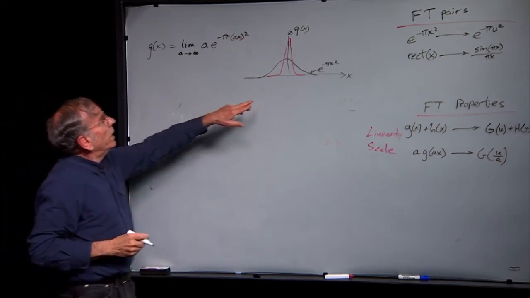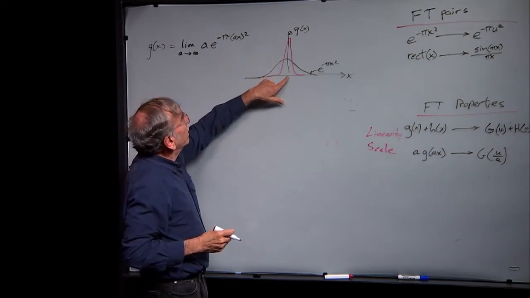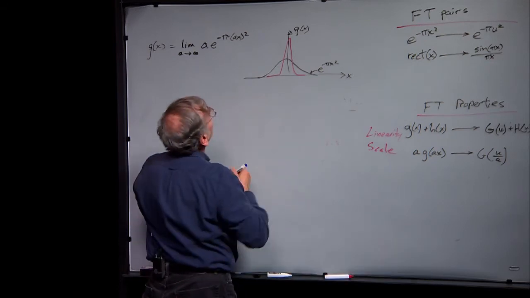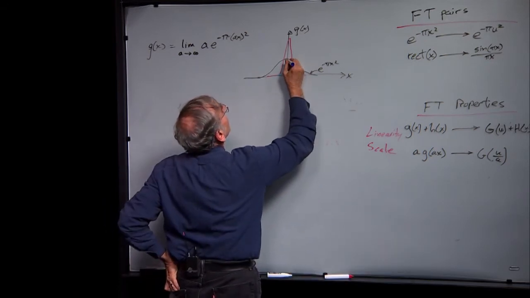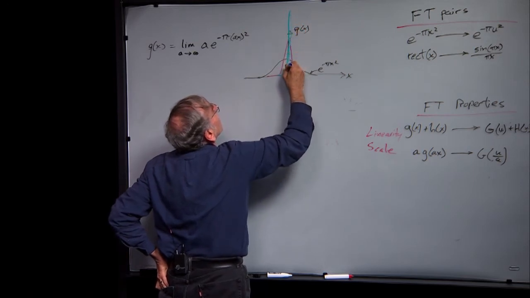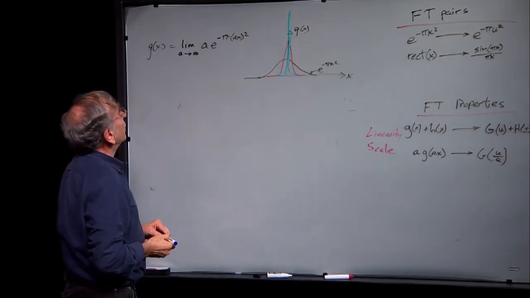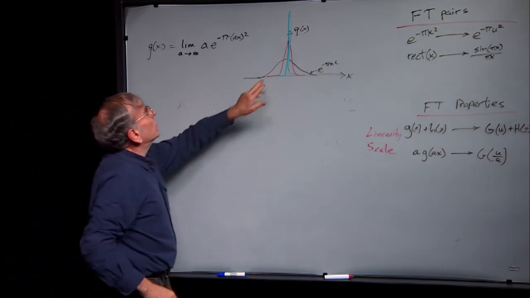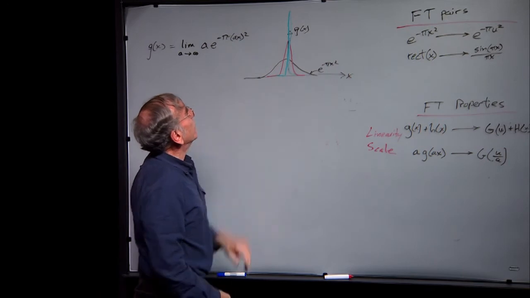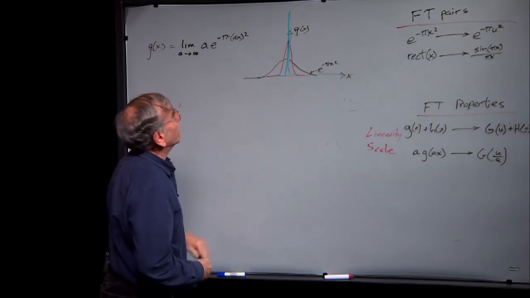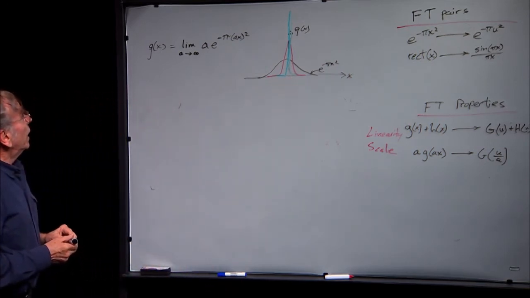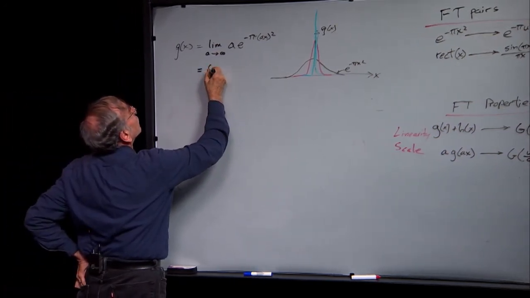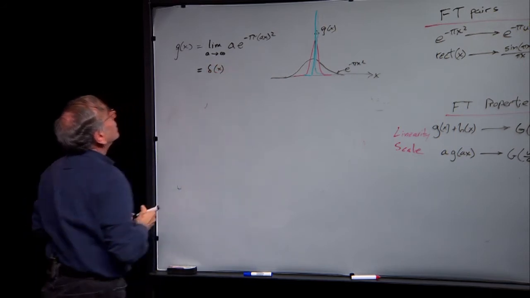As a gets larger and larger, this function gets taller and taller and really narrow. In the end, we have a function so tall that its peak value is infinite and its width is infinitesimal. This is a very famous function called the Dirac delta function, delta of x.